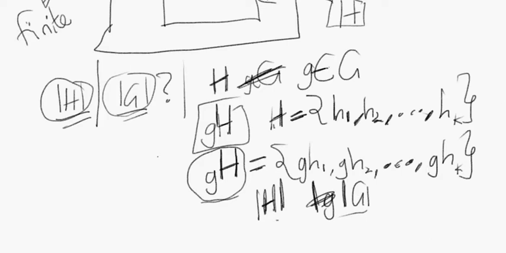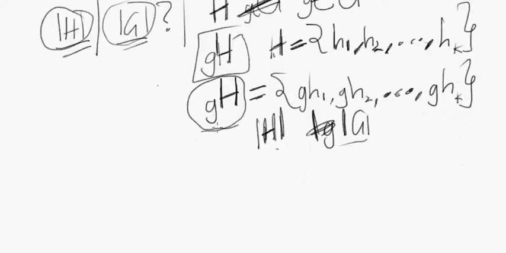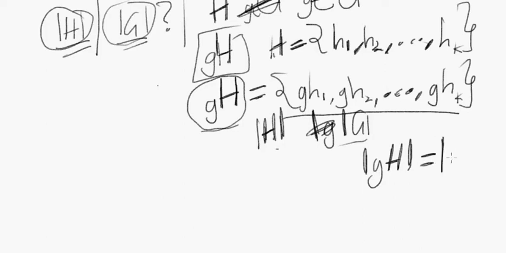Part of the intuition for why this would work is that we're going to find out that the cardinality of GH is precisely the cardinality of H. This is something we're going to discover soon.